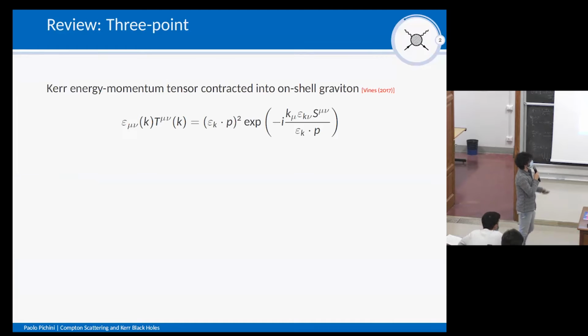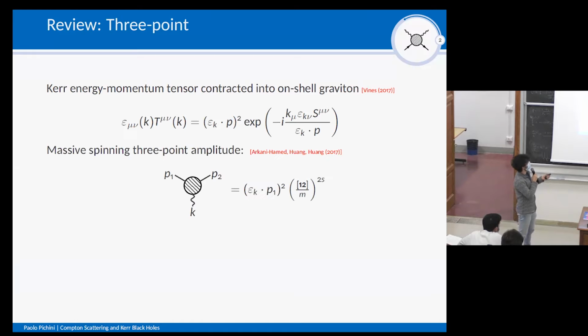We're going to start with a paper by Justin Vines in 2017 that wrote down the Kerr linearized energy momentum tensor in a particularly nice exponential form, which you can obtain by contracting it with an on-shell graviton polarization.